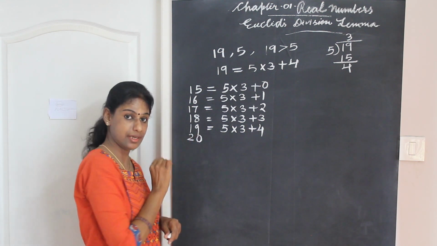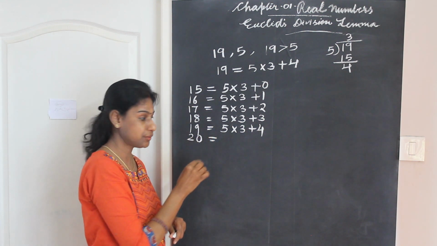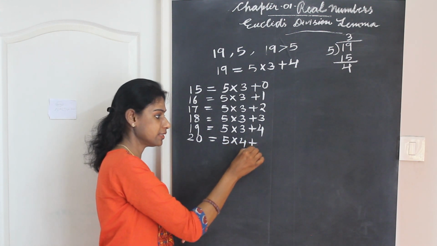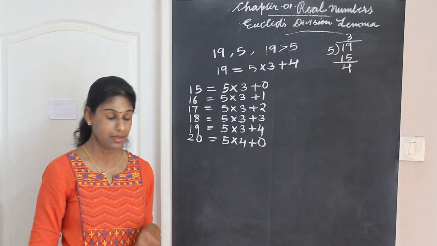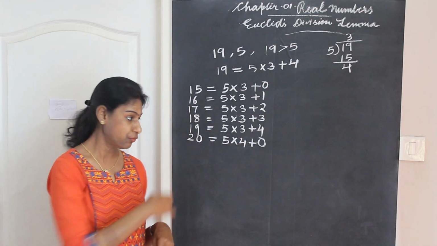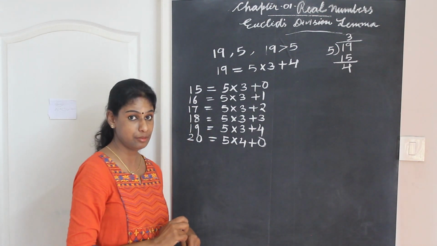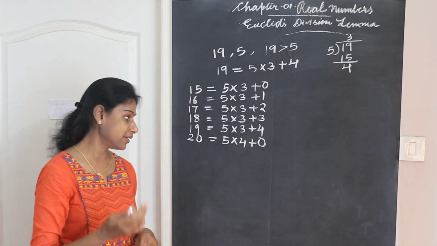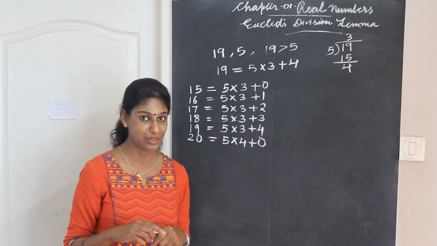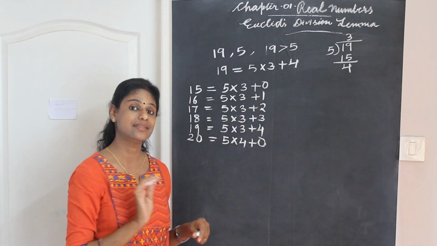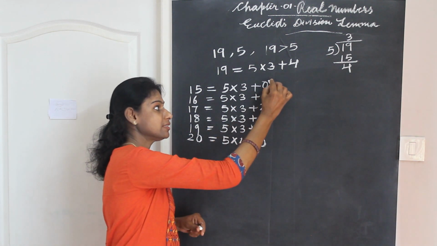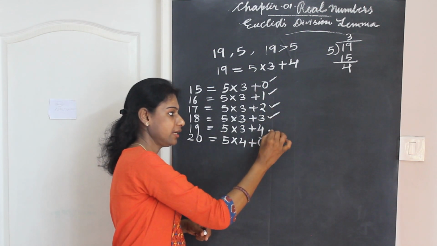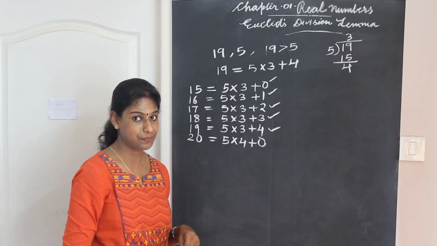Now 20 will be equal to 5 times 4, no remainder, that is 0. If we move further, 21 will be equal to 5 times 4 plus 1. 22 will be equal to 5 times 4 plus 2, and so on. Let's just check the remainders. Remainders are coming 0, 1, 2, 3 and 4.